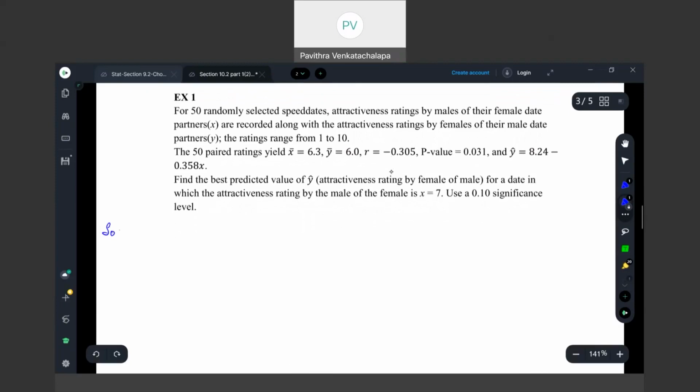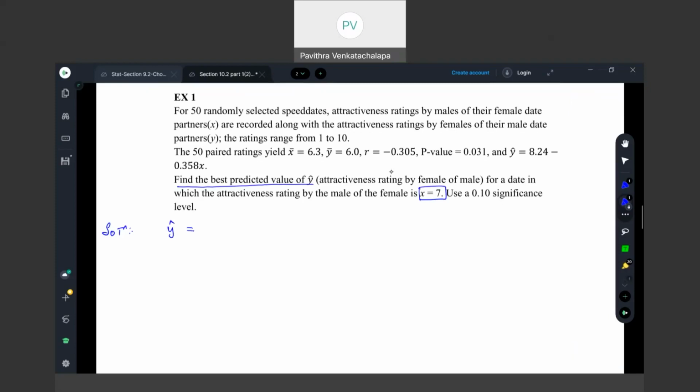Now, what are we supposed to find? You're supposed to find the best value of y cap given x. For this x equal to 7, I want to know what is y cap. So now I need to know the relationship between y cap and x.